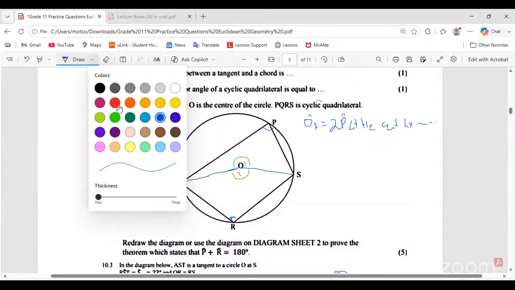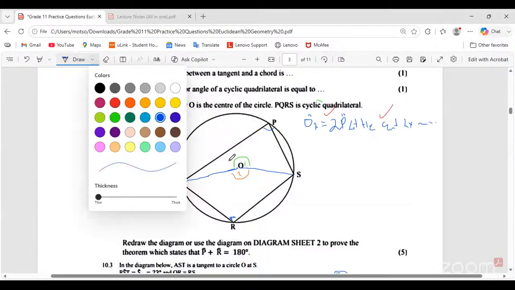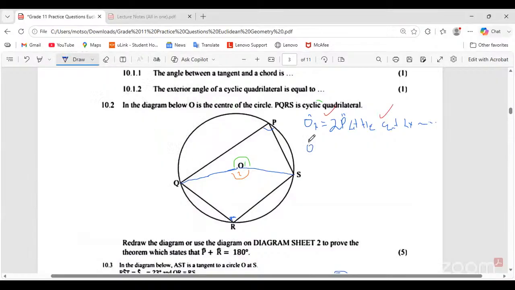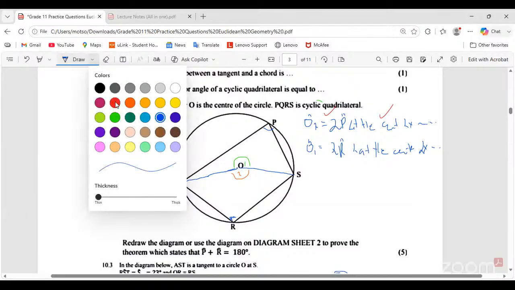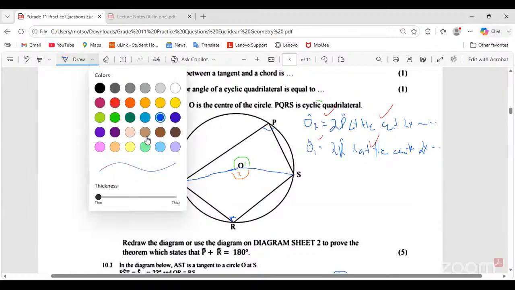Now, the statement and the reasoning. Now you go for O1. Angle O1 is equal to 2 times angle R. Same reasoning: the angle at the center is 2 times the angle at the circumference, and then you get the mark.